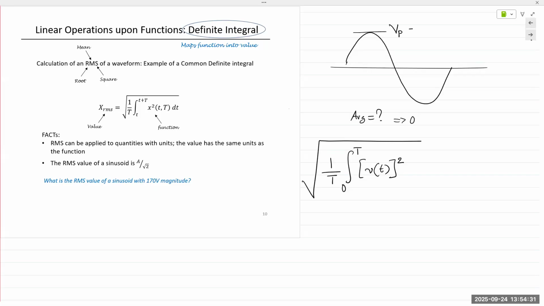This is VP, which is approximately 169 point something, so approximately equal to 170 volts. So it's plus 170, and the lowest it would go is minus 170. And the 120 volts is a single value that represents the RMS value of that waveform.